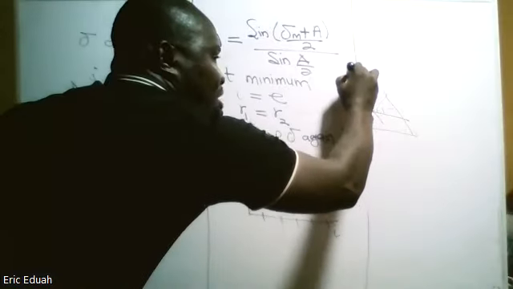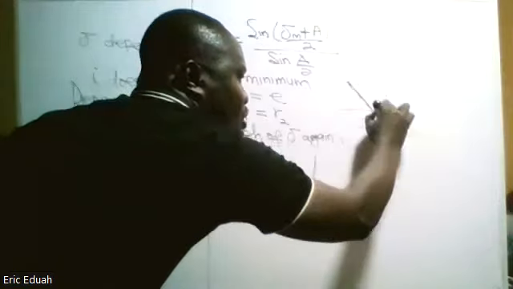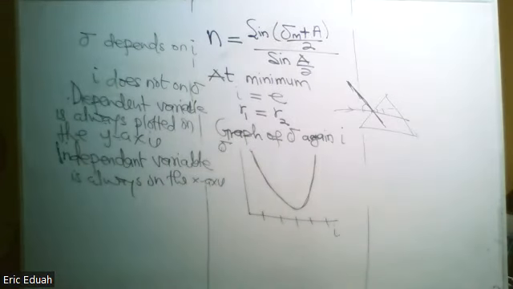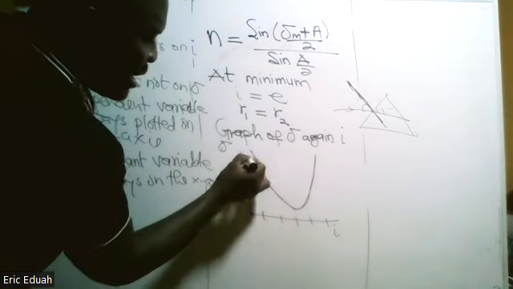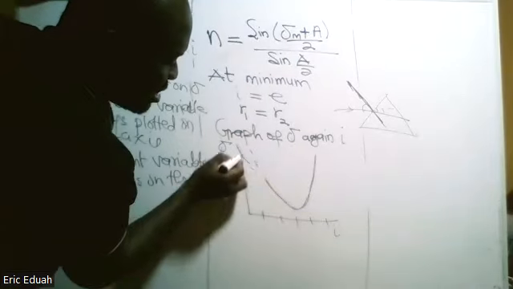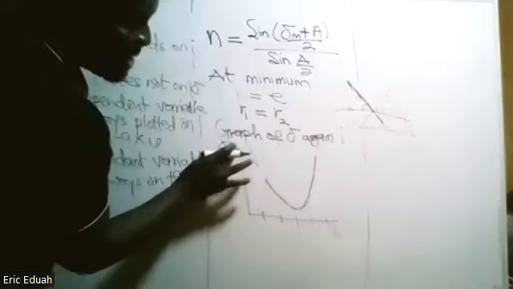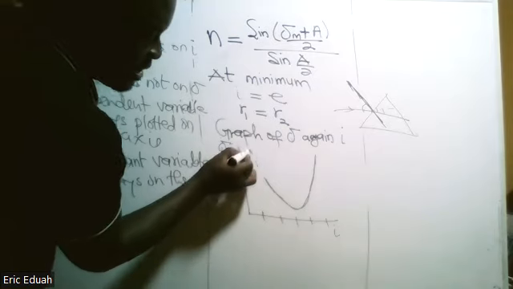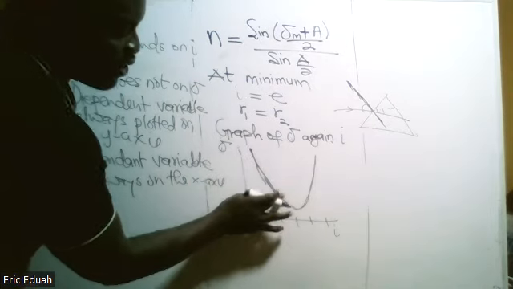When the angle of incidence is along the normal, no deviation would occur. That is why the curve doesn't touch the vertical axis. So we start with a certain larger value of I.